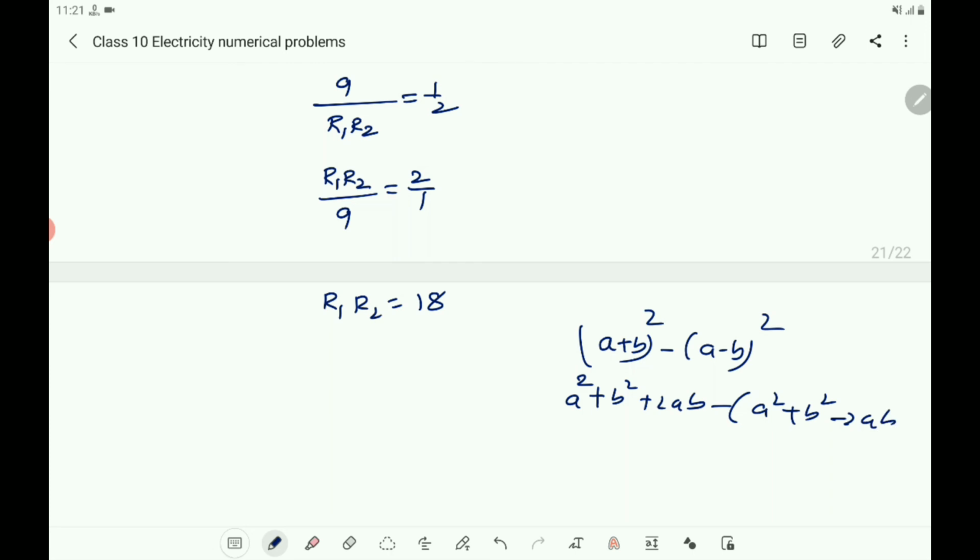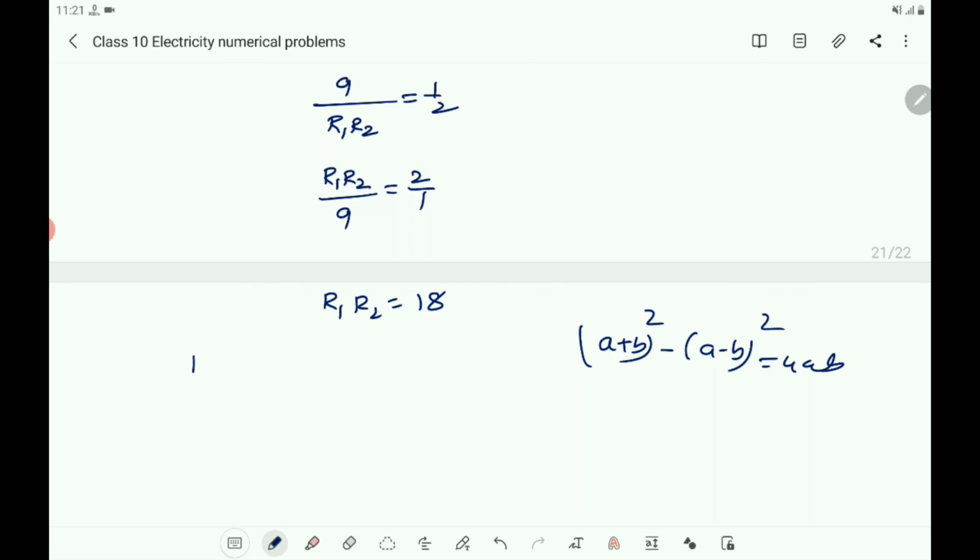If you open the bracket, a square plus b square plus 2ab minus a square minus b square minus 2ab. So what is remaining here? These cancel, you will get 4ab. So directly you can write (a plus b) whole square minus (a minus b) whole square equals 4ab.